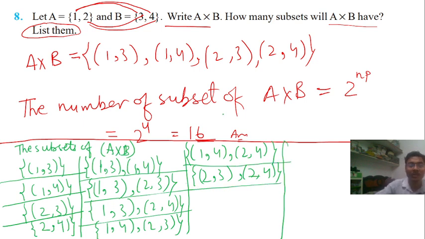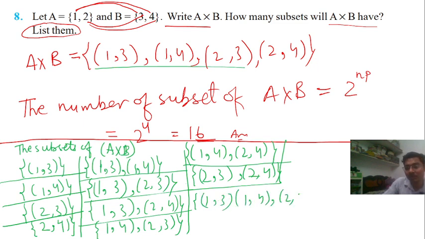Now we will write combinations of 3. Since we are going to write combinations of 3, we will definitely require more space. So 1 comma 3, 1 comma 4 and 2 comma 3. Then we are not changing these two sets. Once we will take 2 comma 3 and once we will take 2 comma 4.